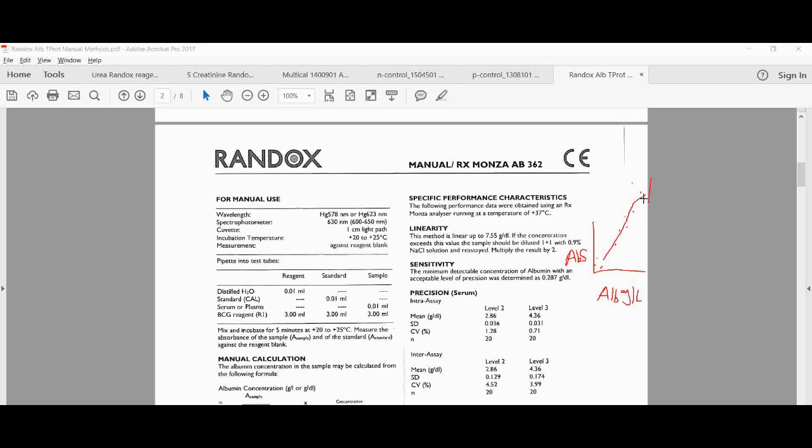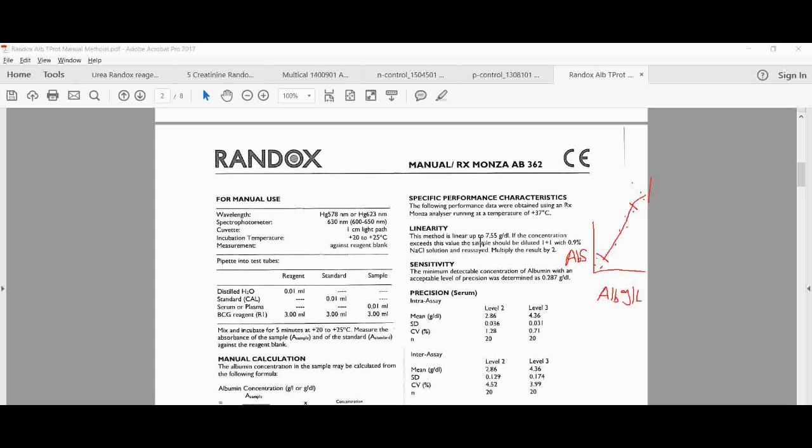Let's say you get some erratic results on top. So from this point to that point, you have a linear relationship. So for albumin, the low limit is, let's say, 2 grams per liter.